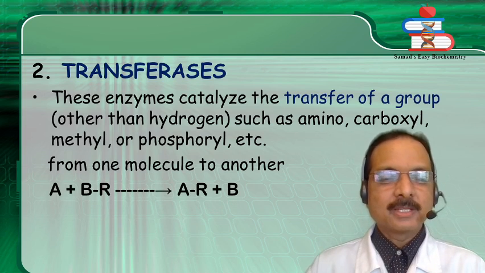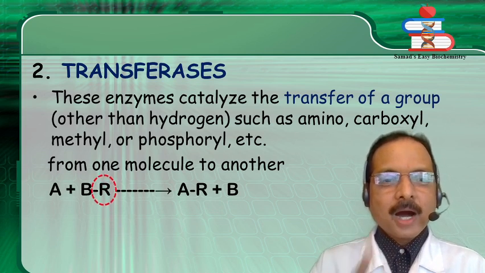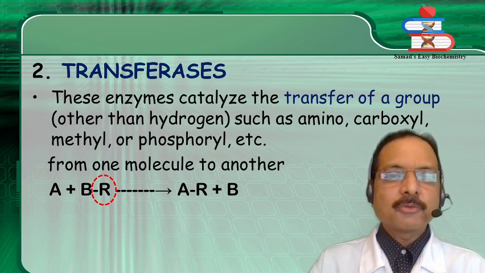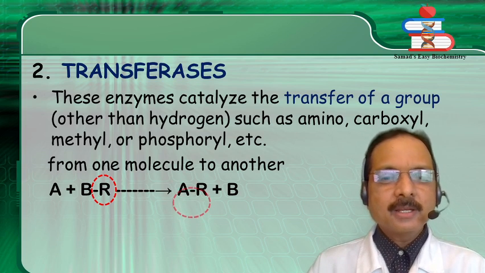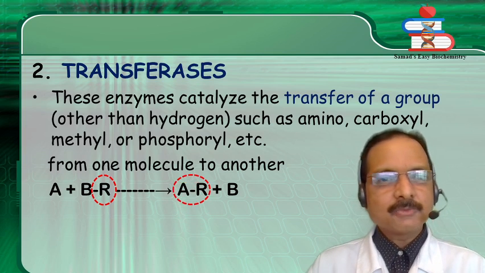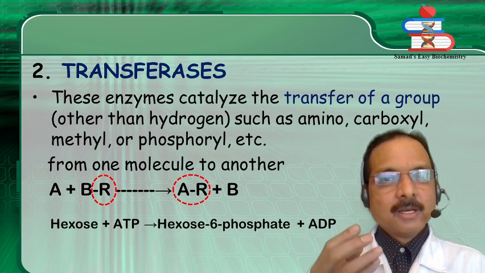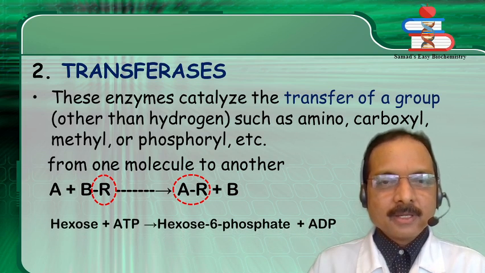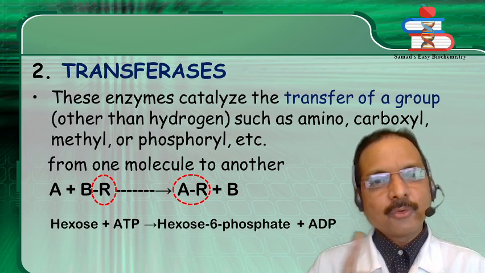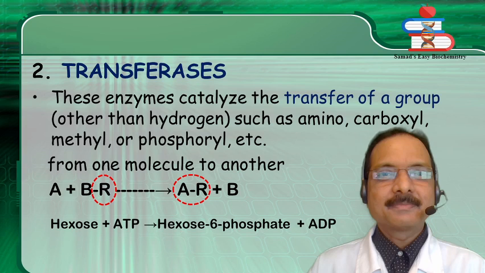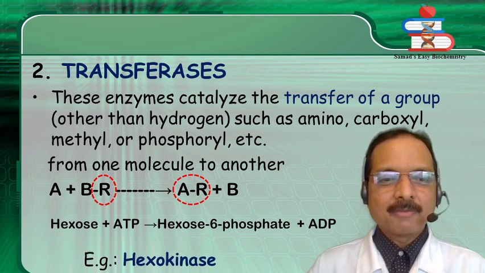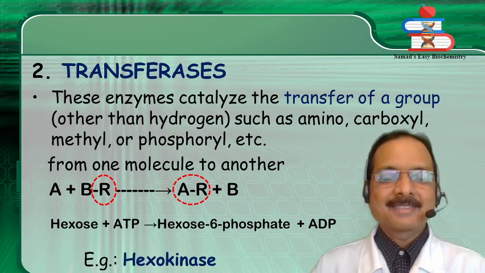As you can see in this example, group R is transferred from substrate B to substrate A and a new product is formed. Example, phosphate group from ATP is transferred to hexose to form hexose 6-phosphate. Example of enzyme, hexokinase.